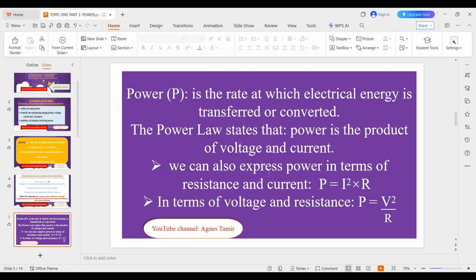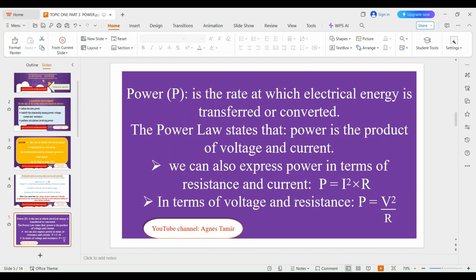We can express power in terms of current and resistance. Therefore, power is given by current squared multiplied by resistance.